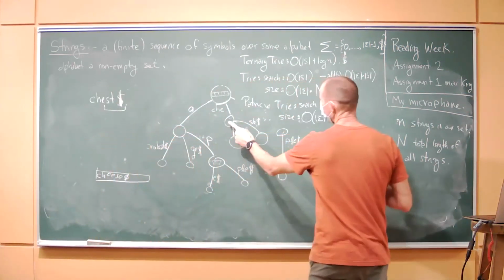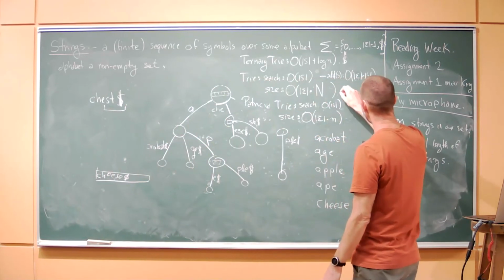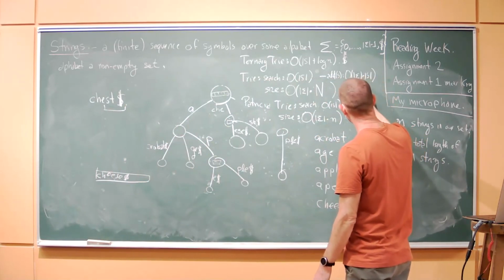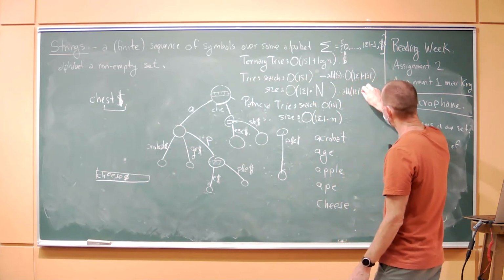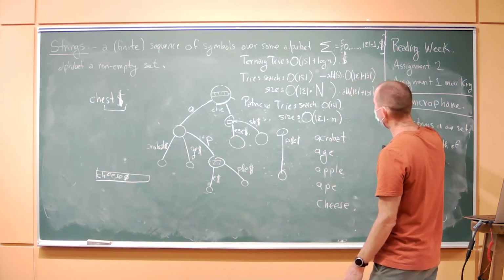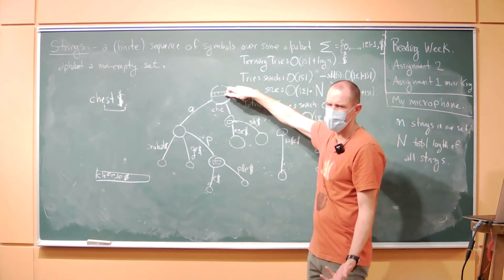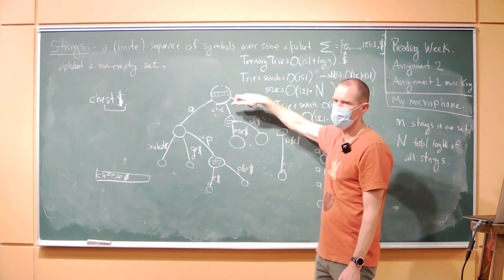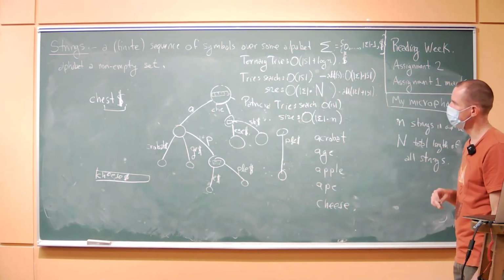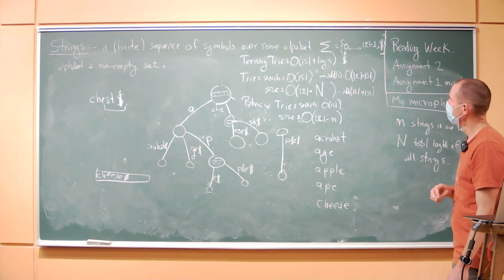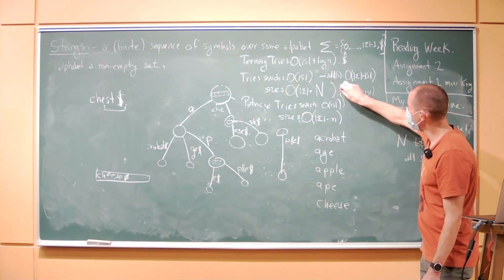That requires creating an array, so that's going to take size of sigma time. In addition to that, you had to first find the place where you needed to create that. That's the slow part. You've got to search for your string, which takes time proportional to the length of the string. Right, so that's for the Patricia trie.